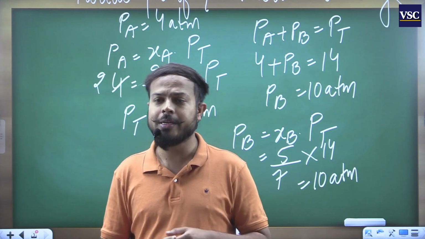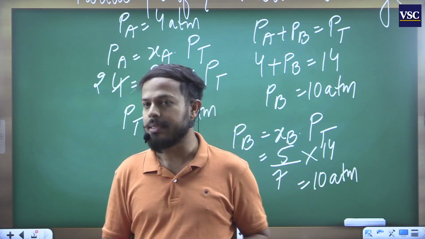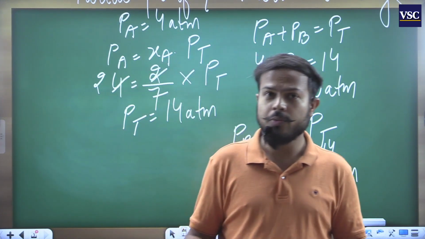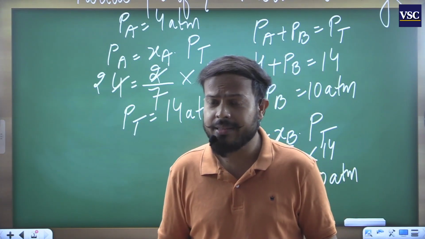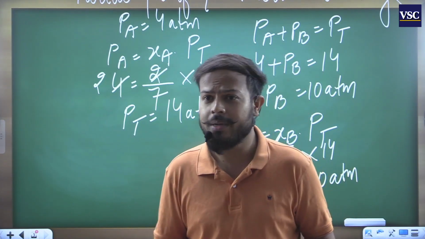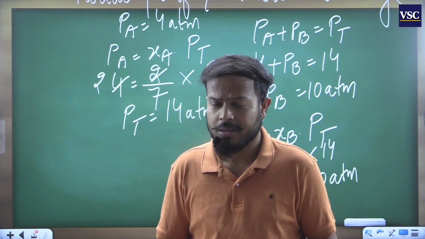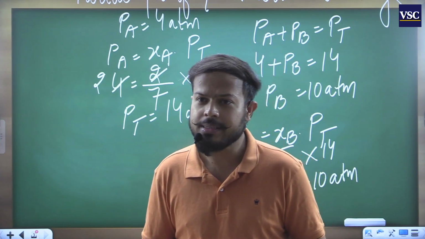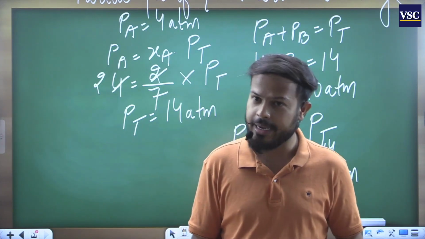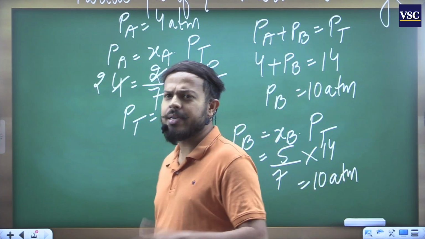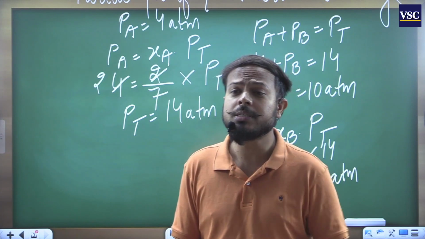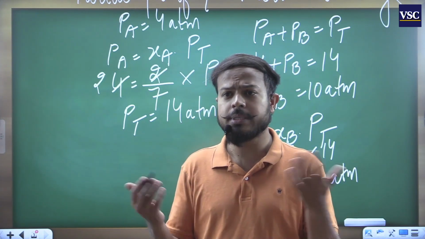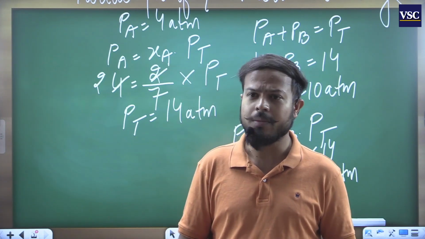That is, P total will be equal to PA plus PB plus PC. Then we understood why this law becomes so popular, because it's simply the addition. Why? Because pressure, being intensive, could not be added like this. Only by this law have we started adding it. We studied intensive and extensive also. What is intensive? Which is independent of mass, and what is extensive, which depends on mass.